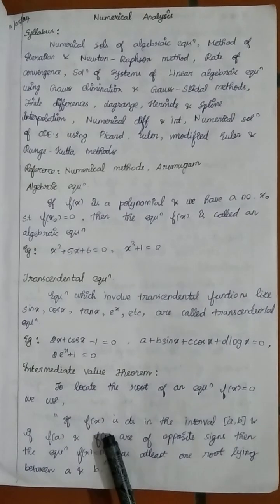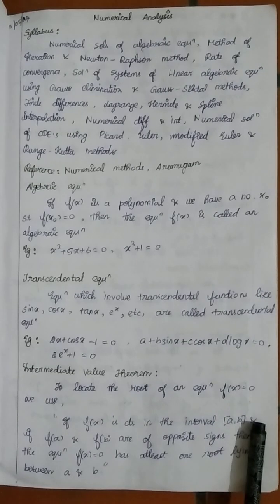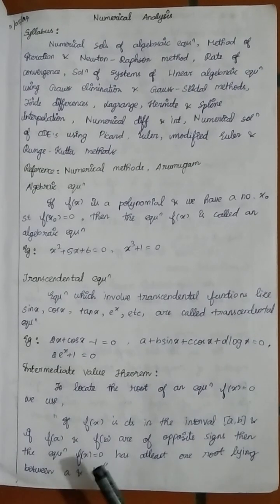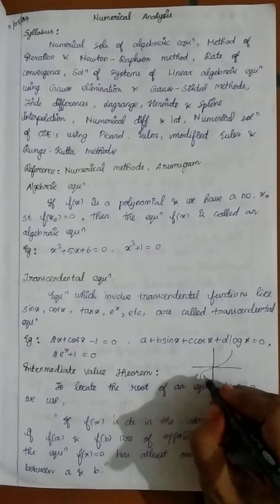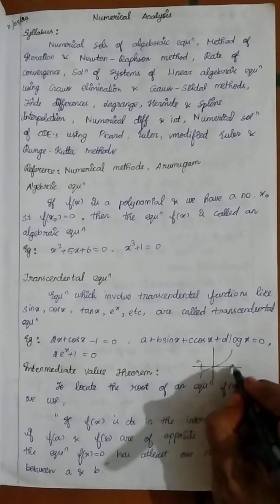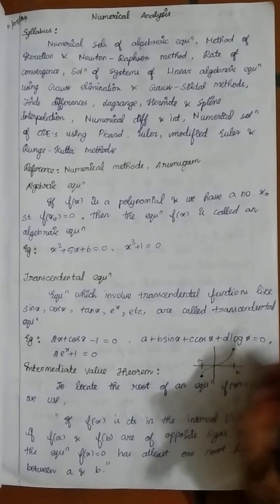If my function f is continuous in some interval [a, b], and f of a is less than 0 and f of b is greater than 0, or else f of a is greater than 0 and f of b is less than 0, then I have some root that lies between a and b. It's like if f is a continuous function and here are a and b, then f of a should be here and f of b somewhere here.